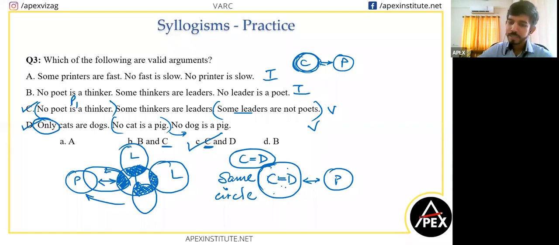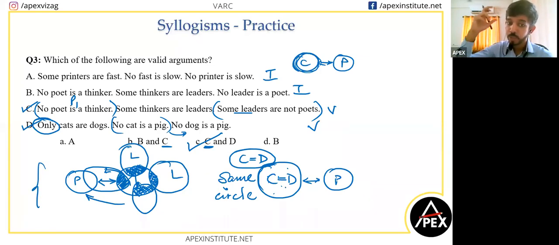Slightly longer questions may take a few students in the class a bit of time to understand. But my suggestion is go by the diagram method. It is slower, but it will always get you your answer. There is no confusion. Slowly, with more practice, the diagram which we are drawing here will start coming in your mind.